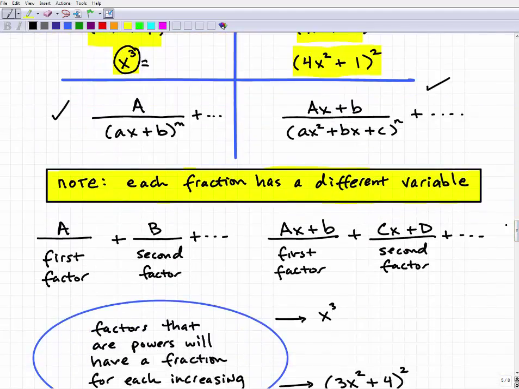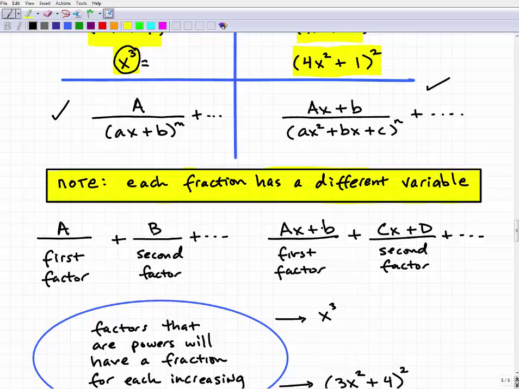So the patterns look like this. For the linear factors, imagine we have our factors of the denominator. For linear factors, we're going to put a large A, an uppercase A, and write a fraction over the first factor, plus B, and we're going to write that over the second factor that we have, the factors that make up the denominator. And then we're going to continue the pattern.